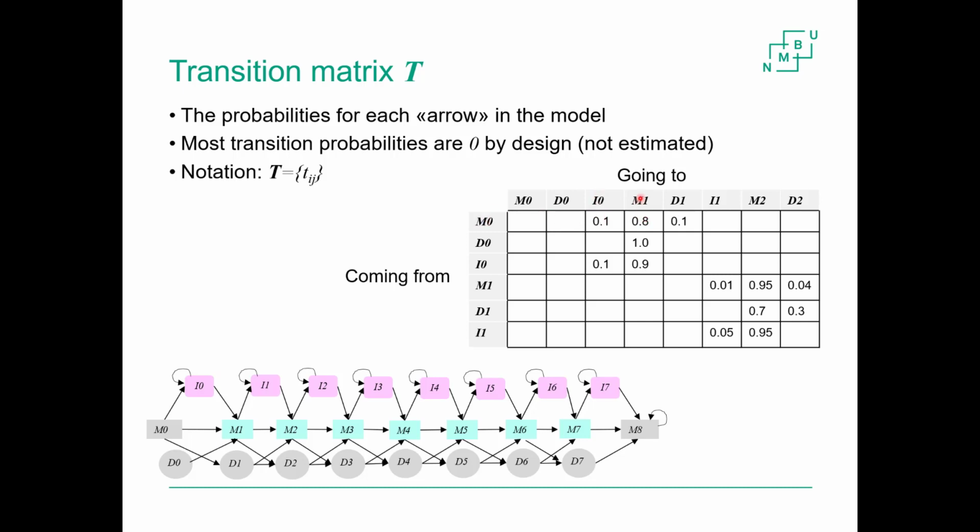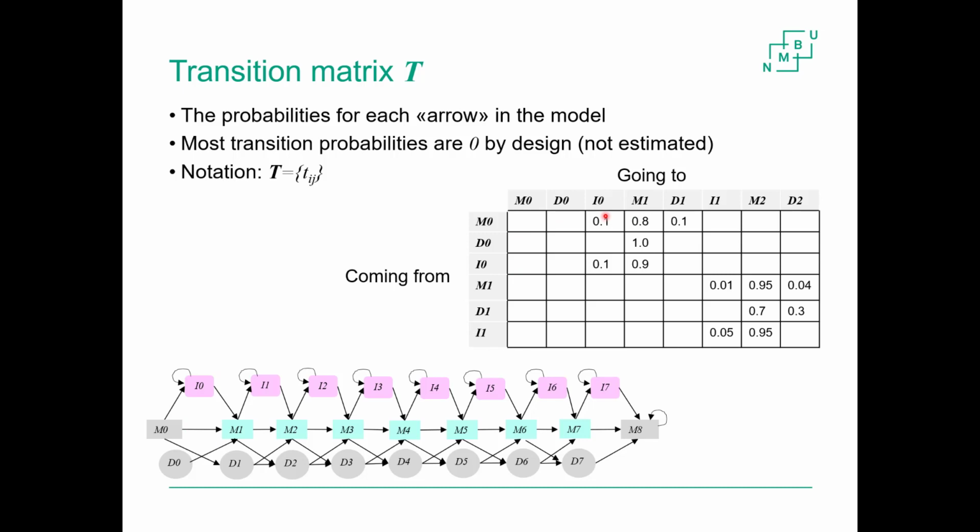The most likely one is to go into M1. That has the largest probability, right? But it's also possible to go into I0 or D1. But no other. All the other cells are empty or 0, right? So there are 3 possible ways of going out of M0, and that is exactly the 3 arrows, right? And we can see now from the matrix up here that this arrow is sort of the thick one.